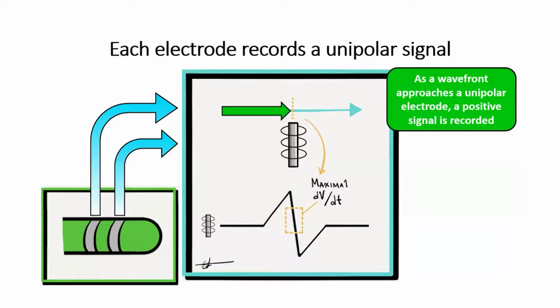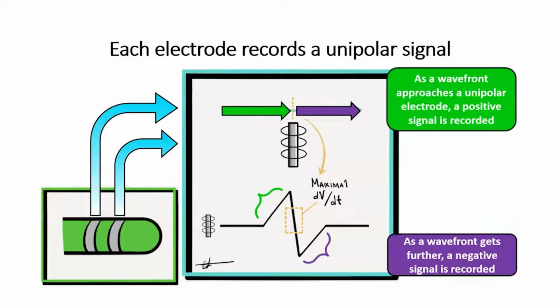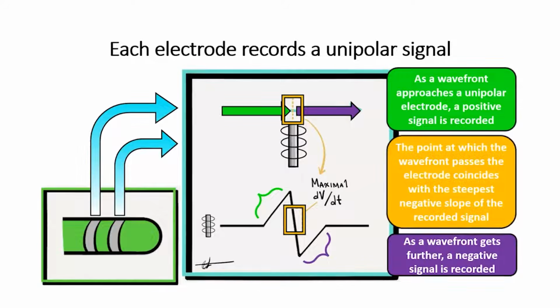Recall that as a wavefront approaches an electrode, a positive deflection is recorded. And as an electrical wavefront moves away from an electrode, a negative deflection is recorded. Now the point in time where that wavefront is directly underneath that unipolar electrode is represented by the transition from a positive to a negative deflection, and the point of that slope which is the most negative.